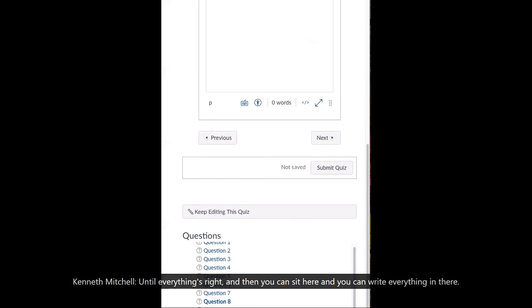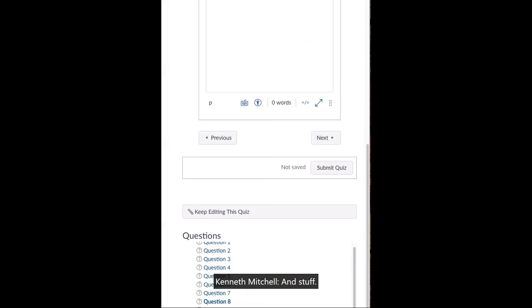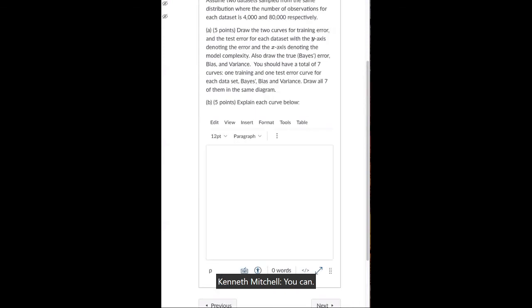And then you can write everything in there, show all your work and send in your work. So I think so far this is probably the best way to do it. That way you can do everything.